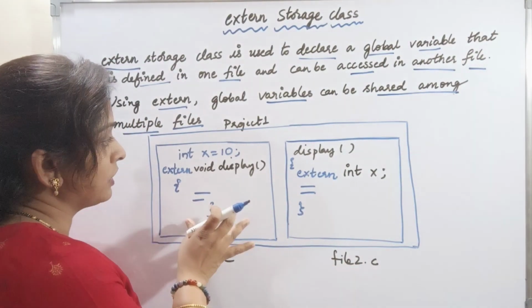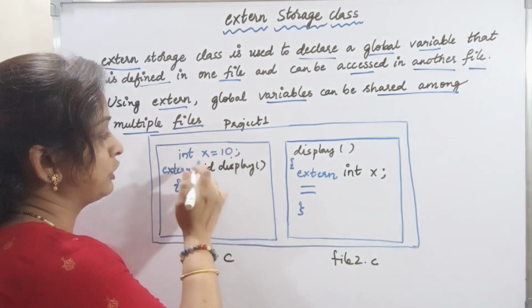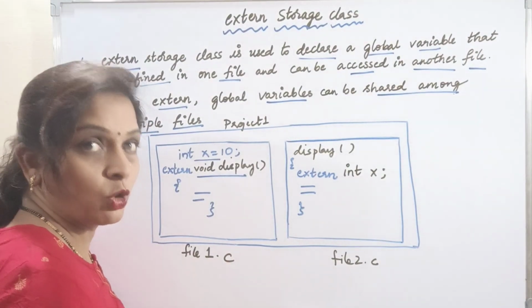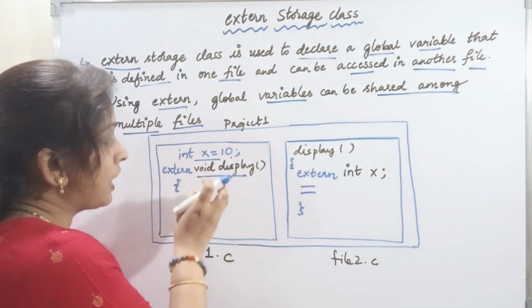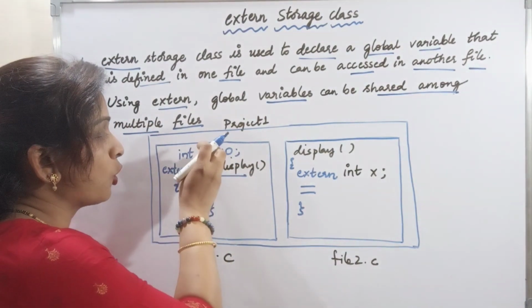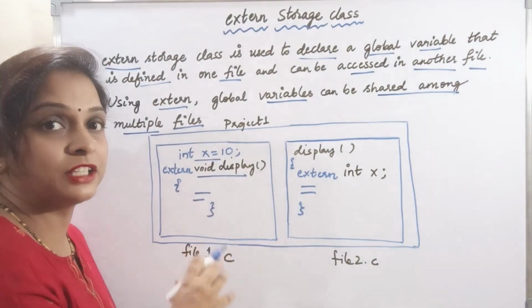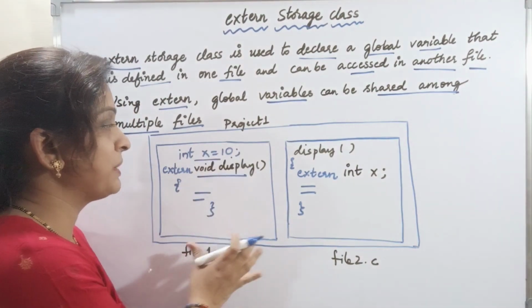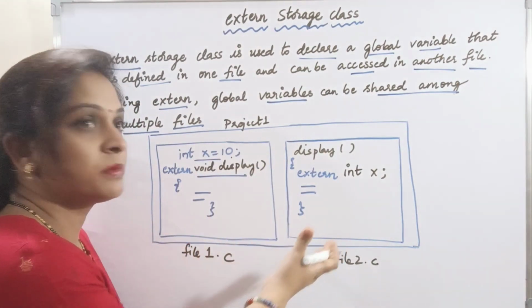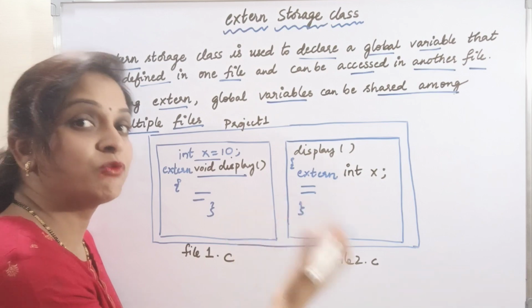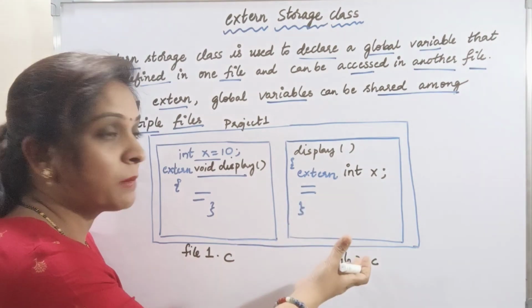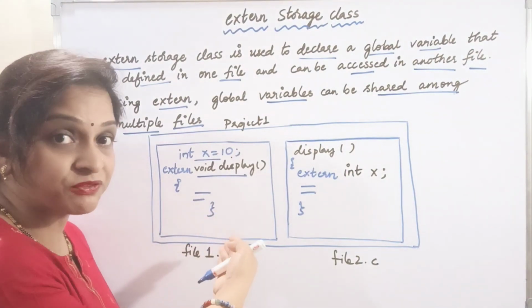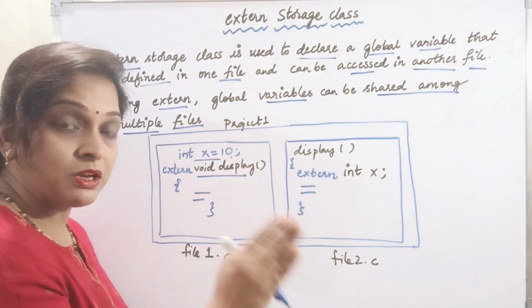In file 1, whatever global variable I have, and we can also have a global method, a global function, I have to make these global variables and global methods accessible in another file. I have the task of developing this function. The other member has the task of developing one more function, and that member who is designing some function can access these global data of the previous file. That is possible only with extern.